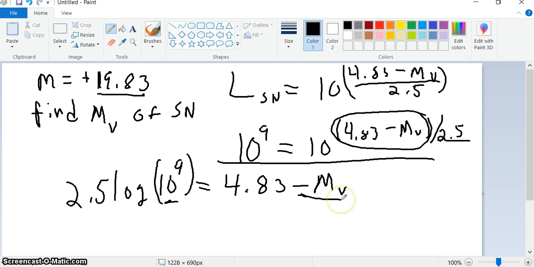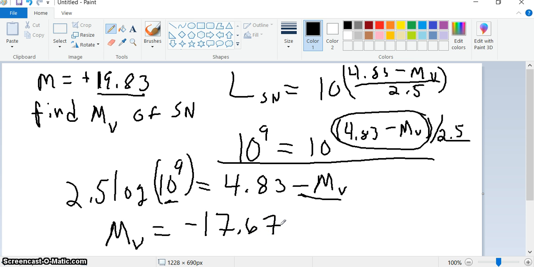And so when you do this, it's actually pretty simple, and you just let your calculator do it. All right, so then m sub v, the absolute magnitude of this particular supernova that is 1 billion times the luminosity of the sun, would be negative 17.67. That's a decimal.